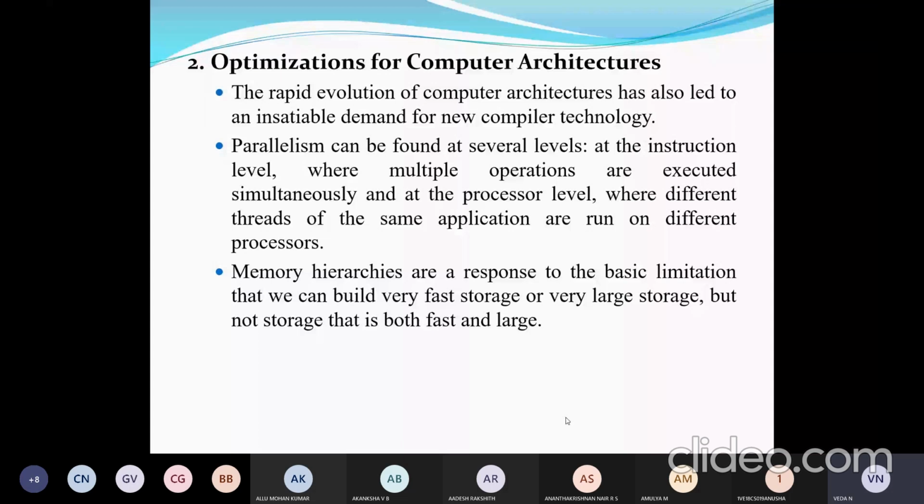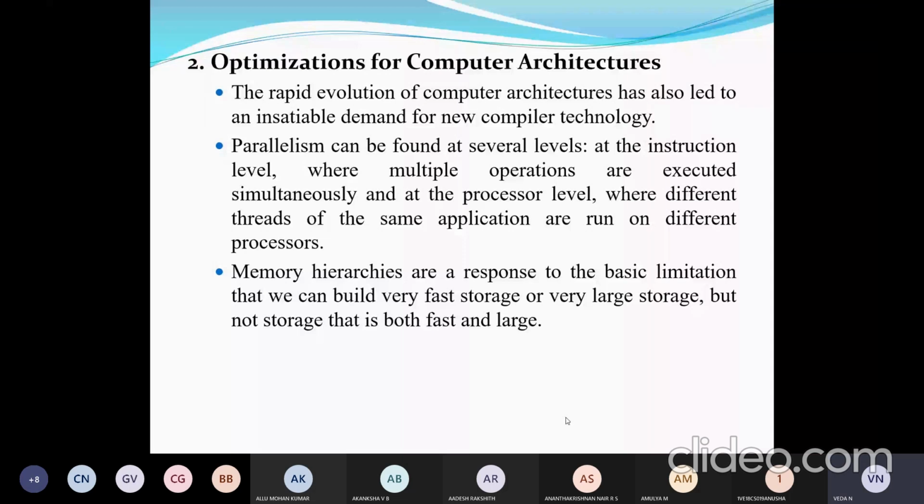There are two features mainly concerned with the computer architecture here: parallelism and memory hierarchies. There is always a rapid evolution of computer architecture. It's not static. Even now there is an evolution of computer architecture, and as it evolves, there is a need for new compiler technology.